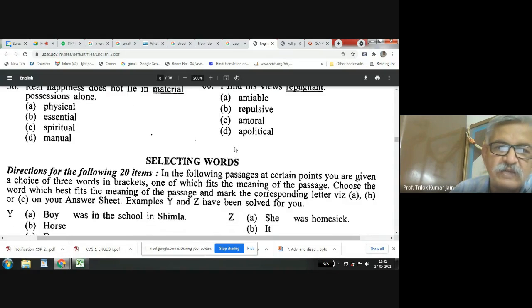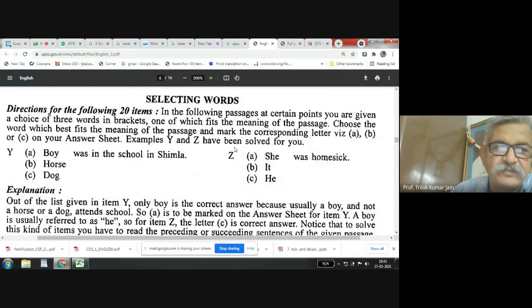Spot selecting words. In the following passage, at certain points, you are given a choice of 3 words, one of which fits the meaning of the passage. Choose the word.